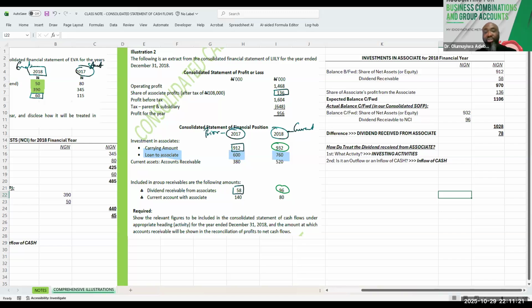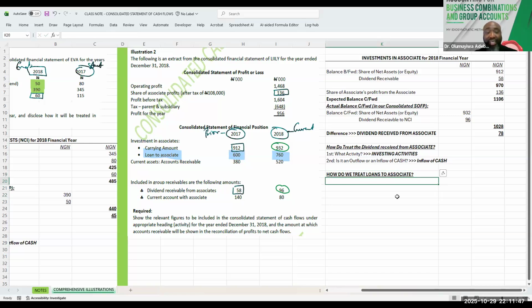The loan given to associates, how do we treat it? How do we treat loan to what? Associates.